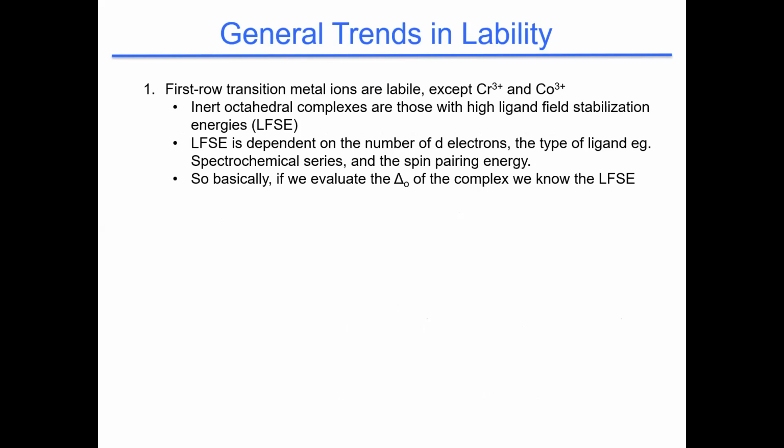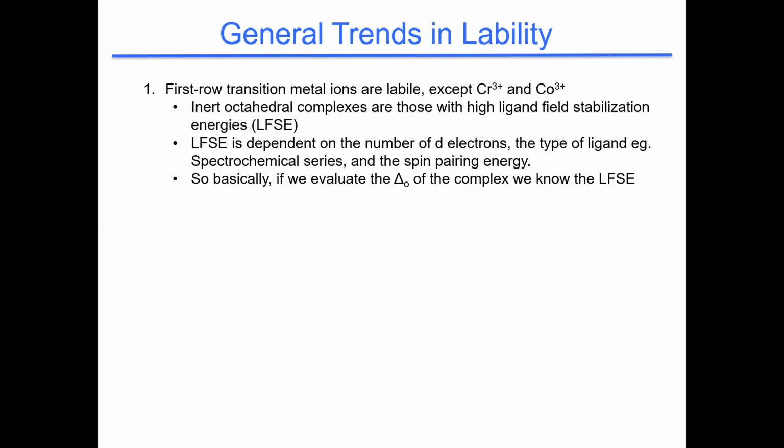So I wanted to review some general trends in lability, which can inform how these reactions will proceed. So first row transition metal ions are labile except for chromium 3+ and cobalt 3+. The inert octahedral complexes are those with high ligand field stabilization energies, so in effect, a large delta octahedral splitting.